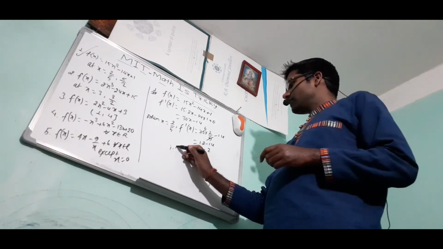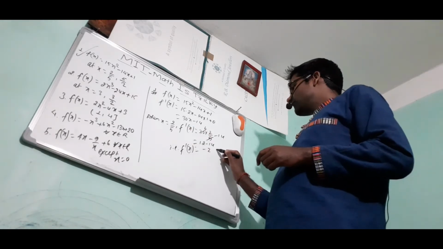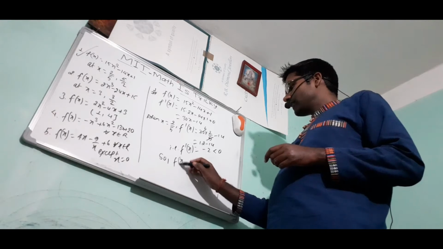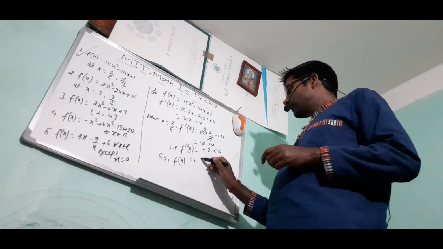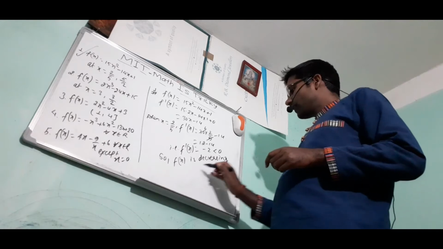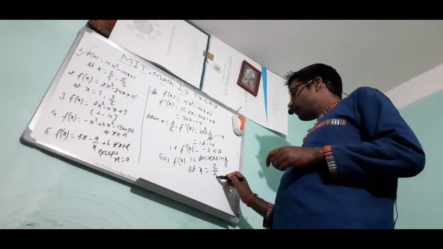That is, we can write here f dash x at 2 by 5 is negative, so f(x) is decreasing at x equals 2 by 5.